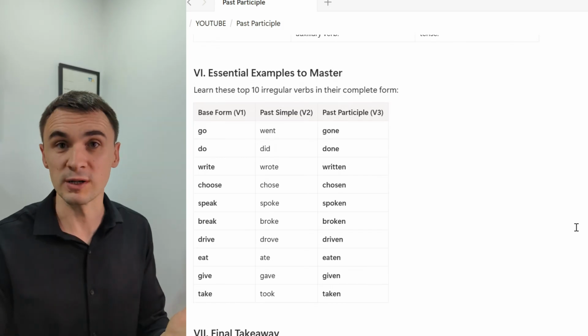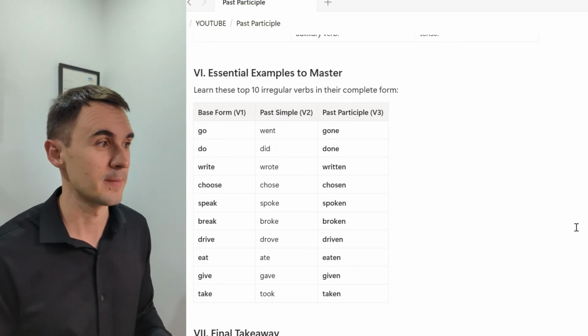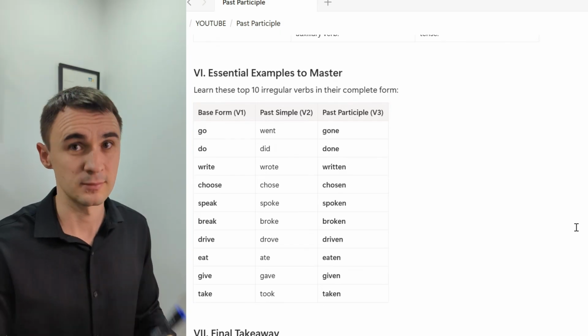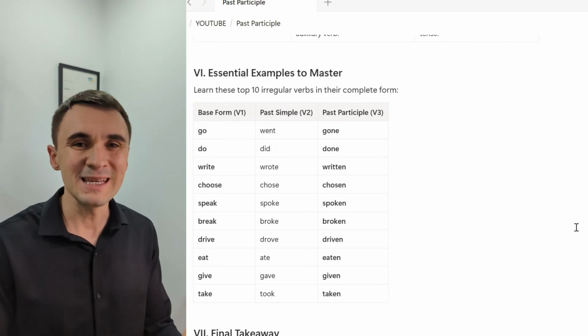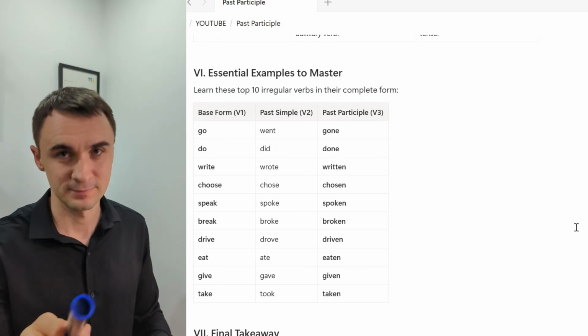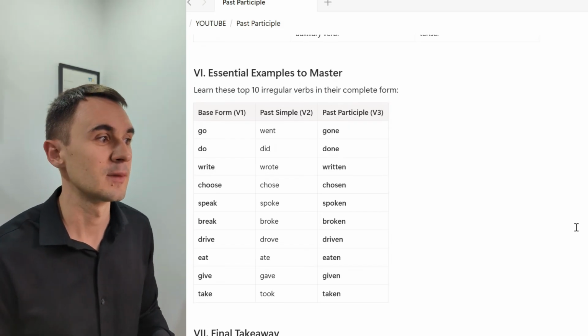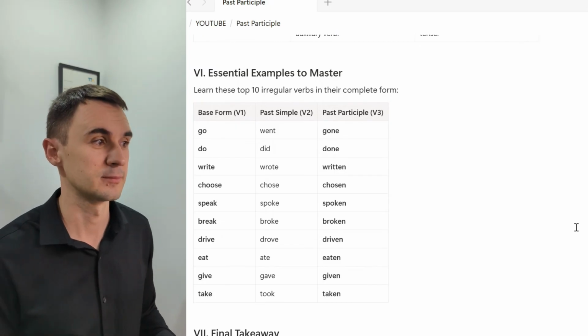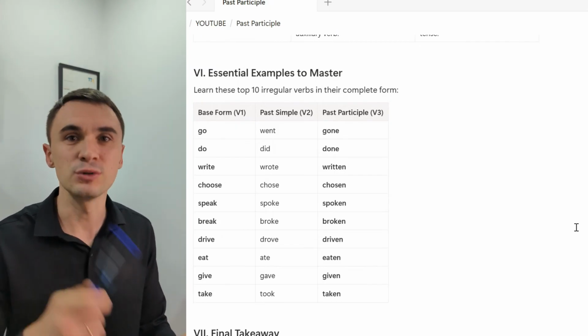Break, broke, broken. Drive, drove, driven. Eat, ate, eaten. Give, gave, given. Take, took, taken.